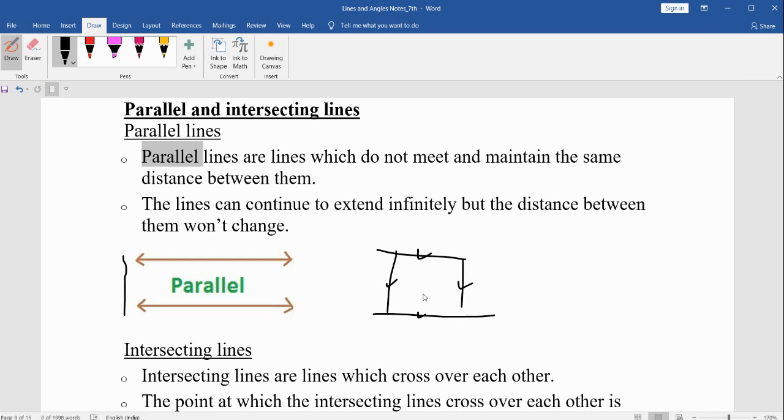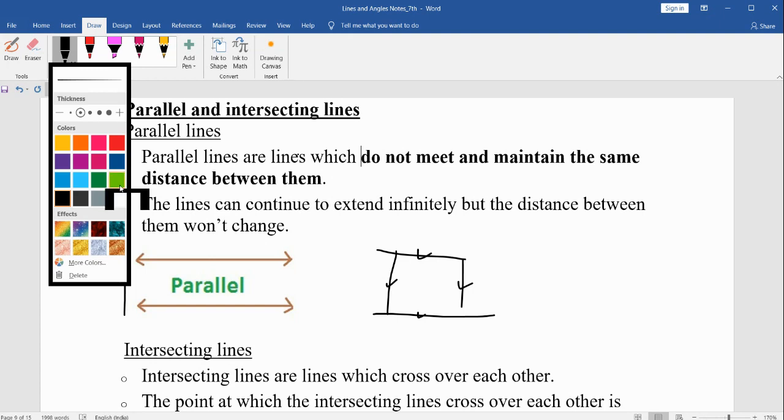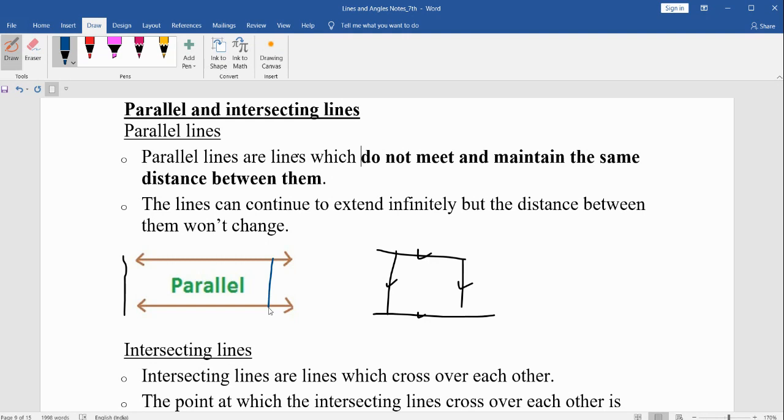So parallel lines are lines which do not meet and maintain the same distance between them. This is very important. They don't meet, and the distance between them is always the same.